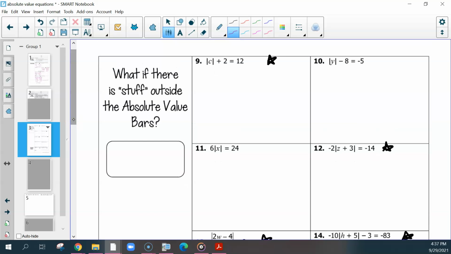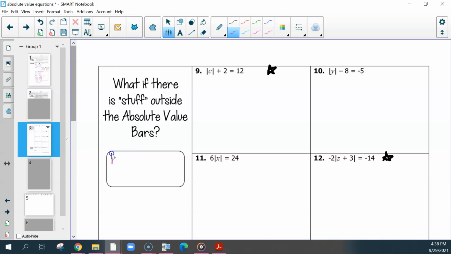If there's stuff outside of the absolute bars, we need to isolate the absolute value. So to do that, we would solve this as if the absolute value and whatever's inside is like our variable that we're trying to solve for. We're going to leave it alone for a second.